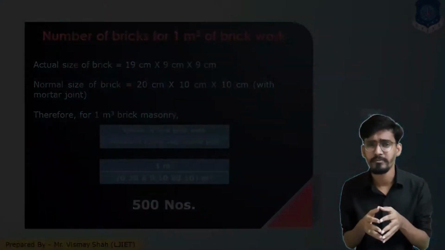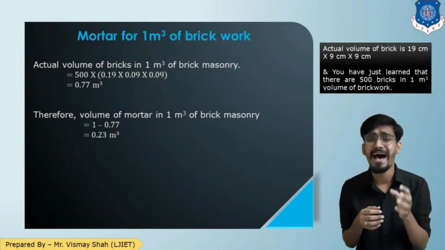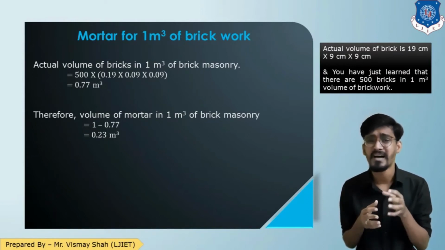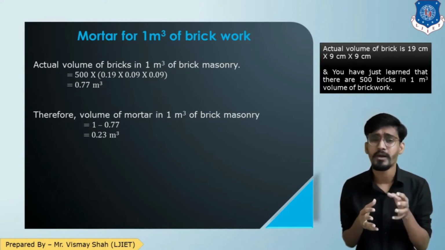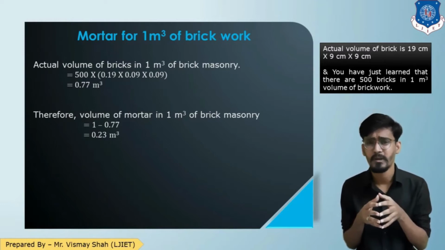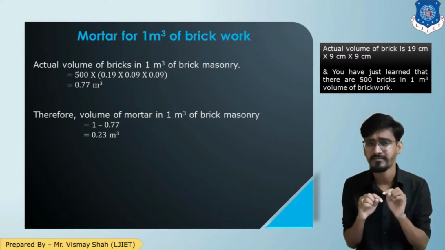Let us move forward. Now the next derivation is mortar required for 1 cubic meter of brickwork. That means how much mortar will be required for preparation of that 1 cubic meter of brickwork. Students, mortar is required for bonding of 2 bricks.